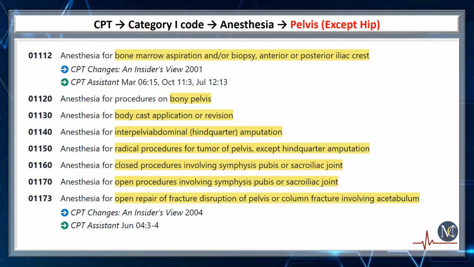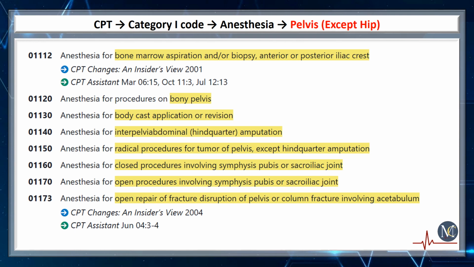Next code is 01150. Anesthesia for radical procedure for tumor of pelvis except hindquarter amputation. Next code is 01160. Anesthesia for closed procedures involving symphysis pubis or sacroiliac joint.